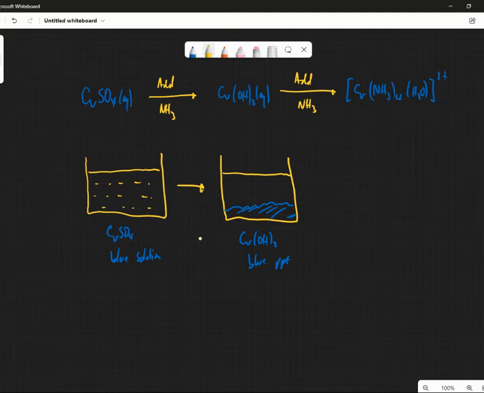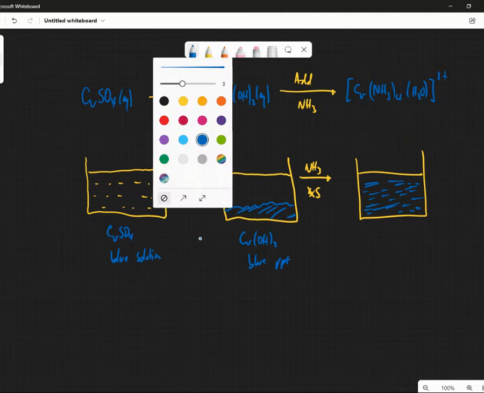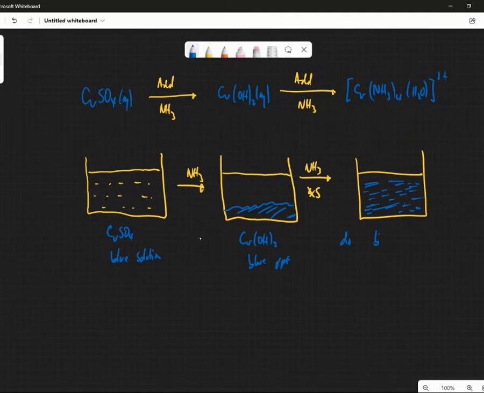Then I'm going to add more ammonia. This is ammonia, and now I'm going to add excess ammonia. And I'm going to get a beautiful, I really think it's beautiful, a lovely dark blue solution again. So we're all familiar with this, aren't we? Are we happy with this so far?